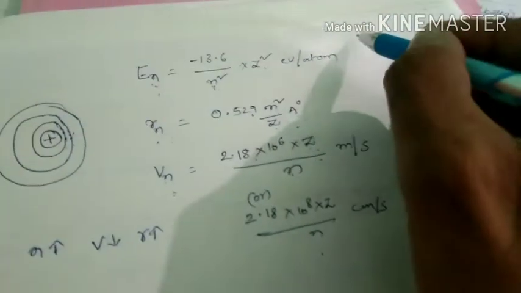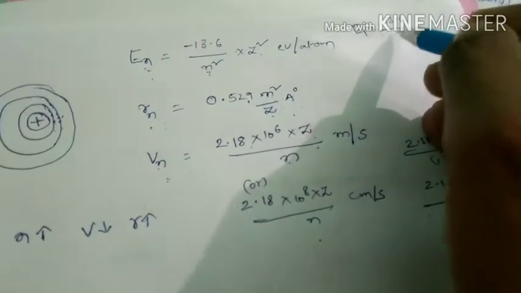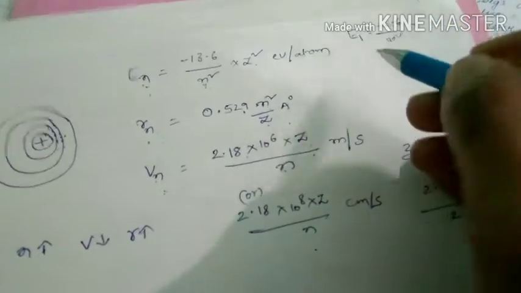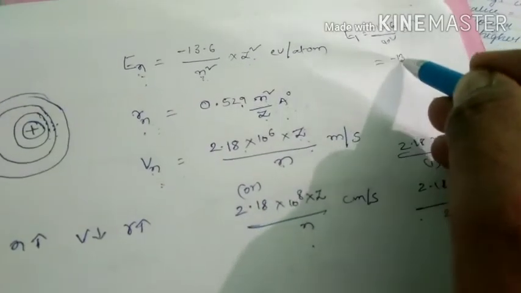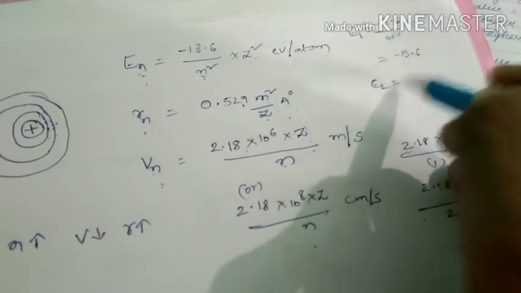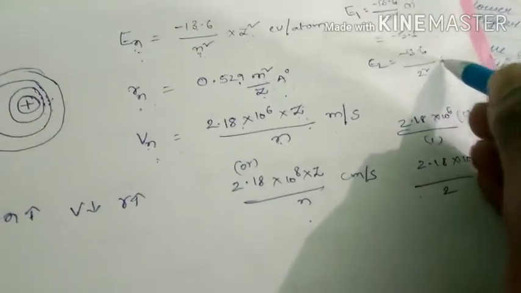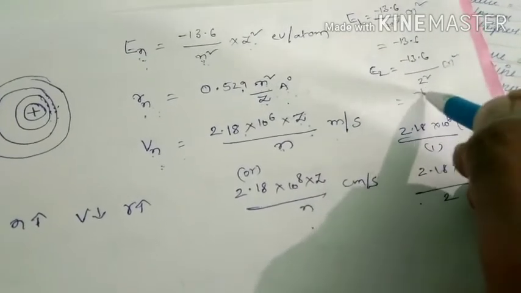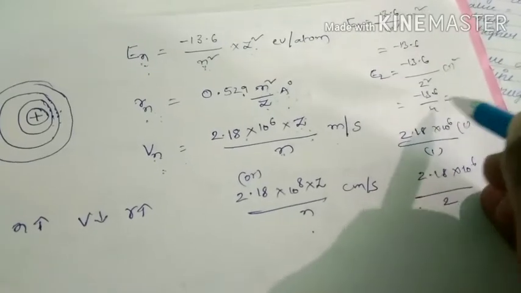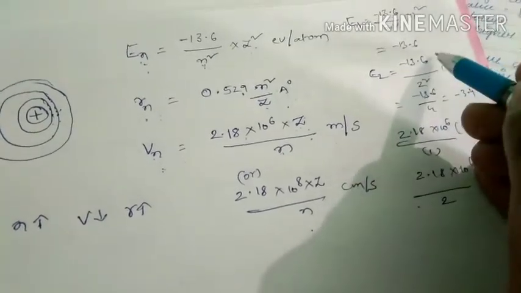I will show one example. Suppose E1 equals minus 13.6 by 1 square. Take the hydrogen atom. So finally its value is minus 13.6. In the case of E2, minus 13.6 by 2 square. Take the same hydrogen atom. So here minus 13.6 by 4, almost minus 3.4 electron volts.